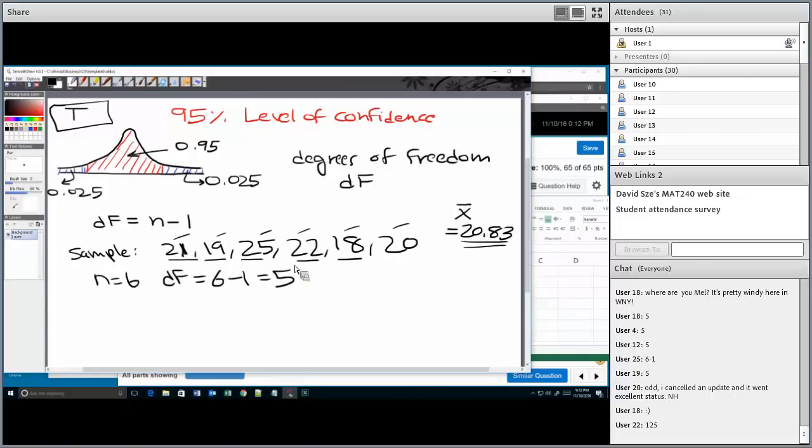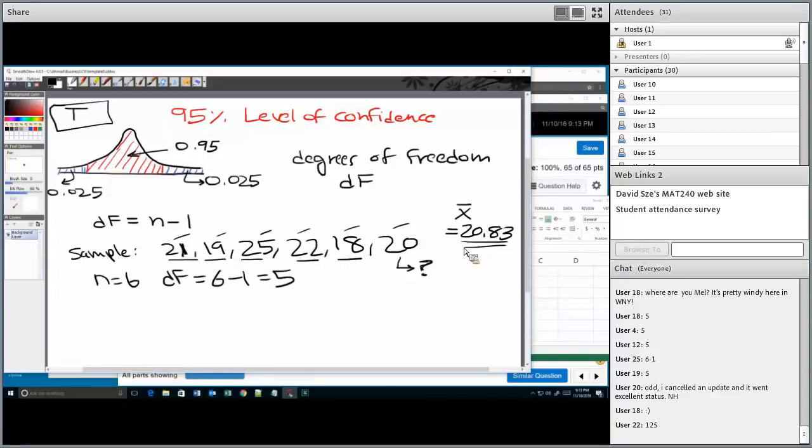I think it'll be good to know what degrees of freedom is. Just like I calculated the average here, I can vary 5 of these values. Say the 6th value is an unknown. So I don't know this value, and I have the freedom to vary these 5 values.